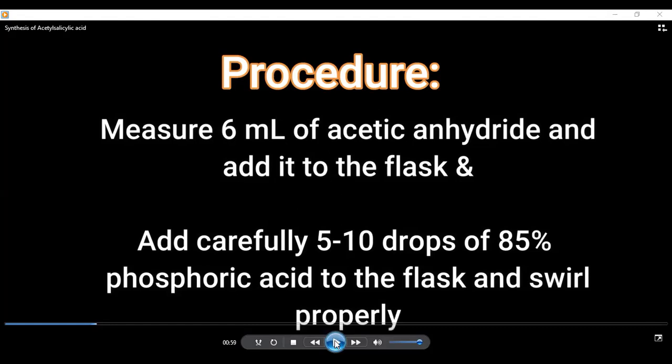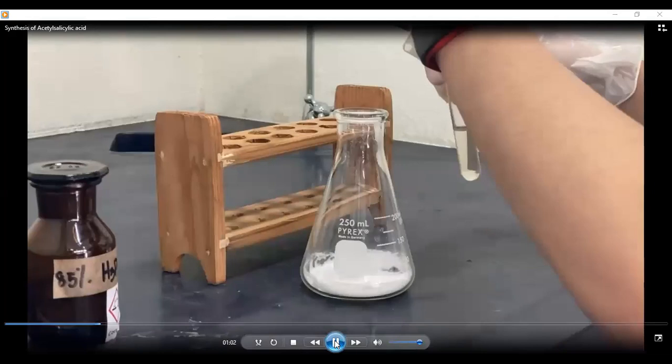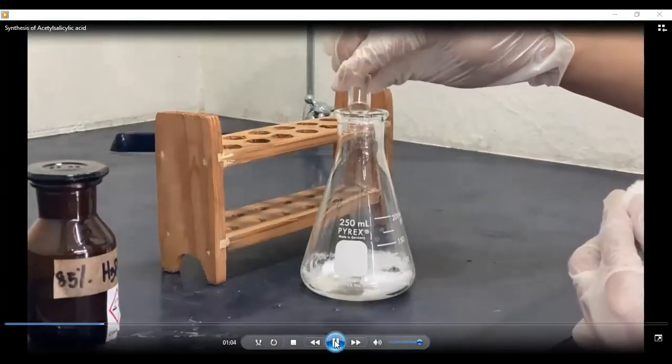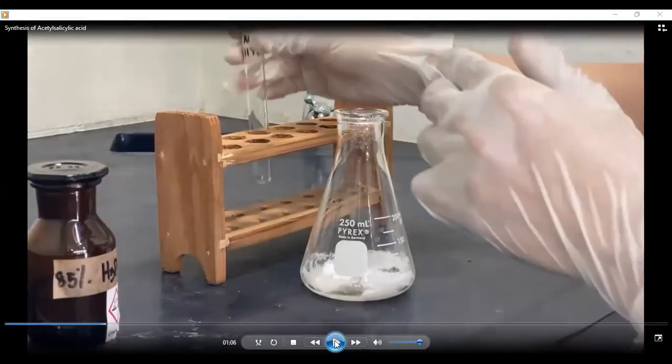But we had to do it under a fume hood because when acids are added to that chemical, it can give off fumes that are irritating to the nose and eyes. To avoid that, we performed it under the fume hood. So we started first with acetic anhydride, then after with the phosphoric acid.